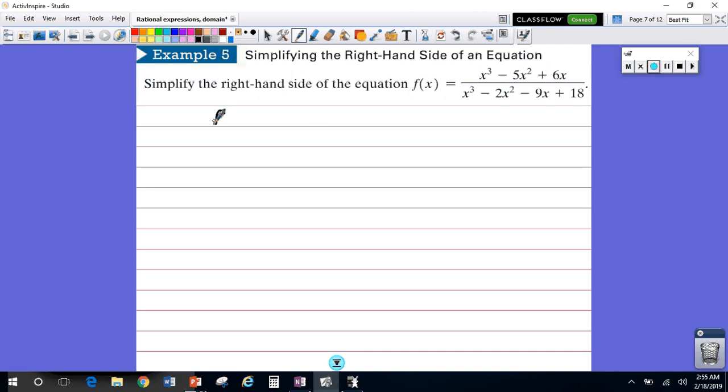So f of x equals, first I am taking out x common, so that is x square minus 5x plus 6 divided by, so what I am doing here is I want to find out the factors by grouping.